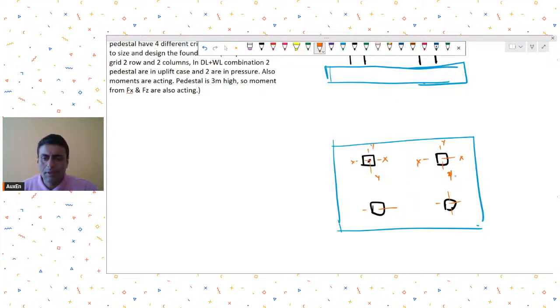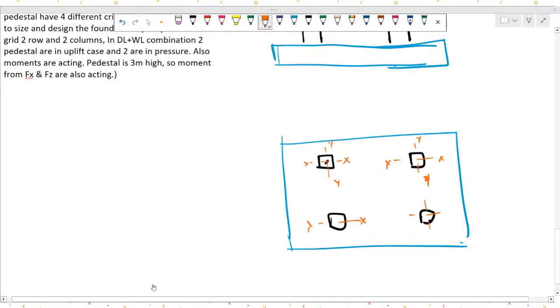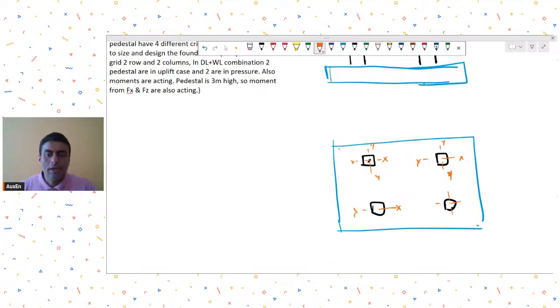I am calling them xx, yy right now. So let's call these local axes xx, yy.